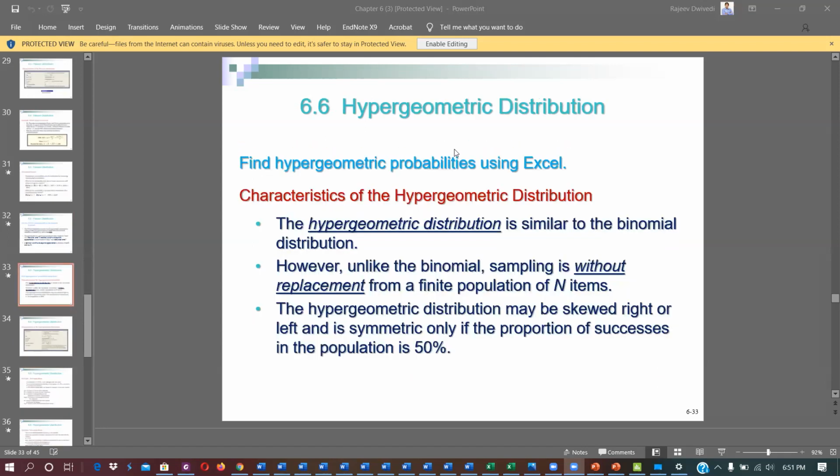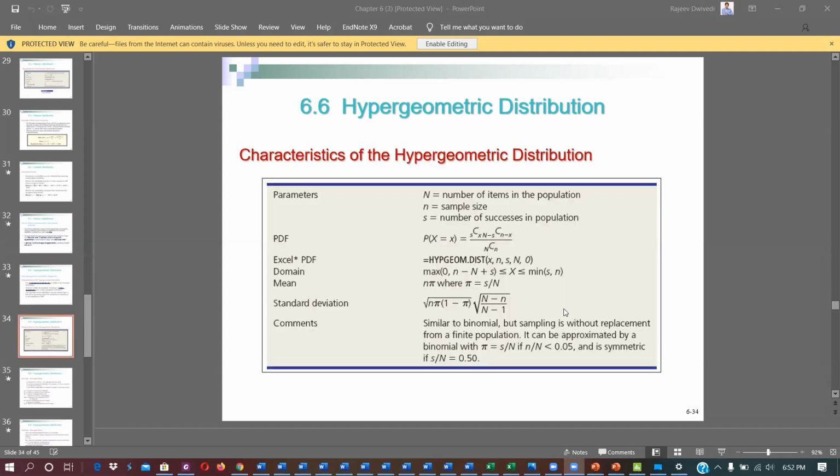In hypergeometric distribution, only one important thing is there. You have population and you have sample. Means here, similar to binomial distribution, but here the population number is given. So number of items in the population, the sample size, number of success in the population.